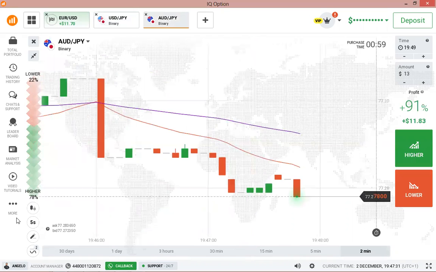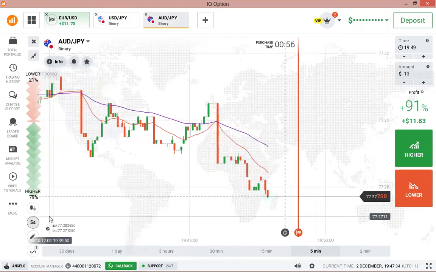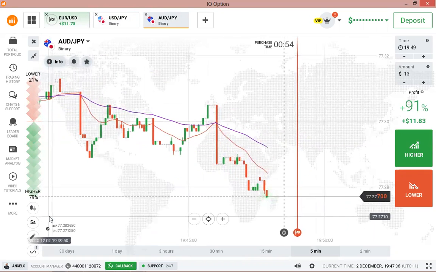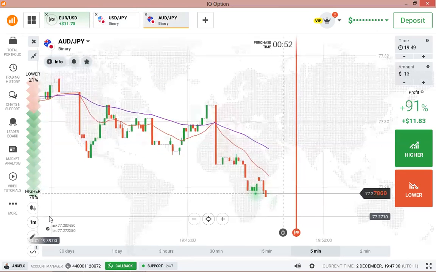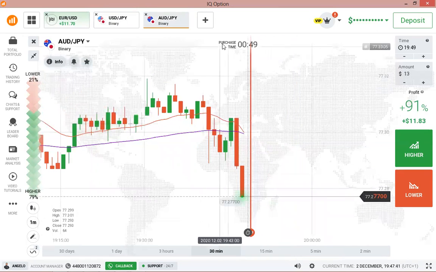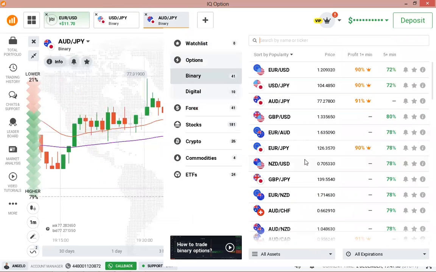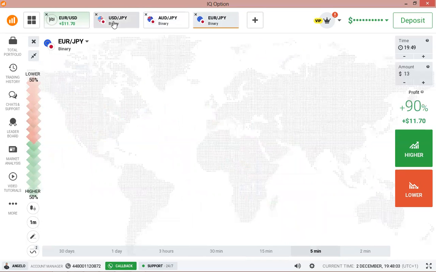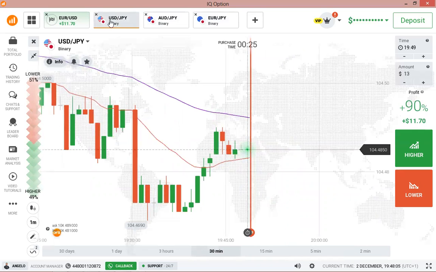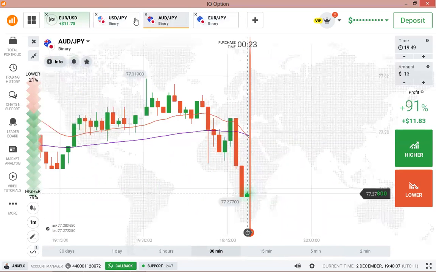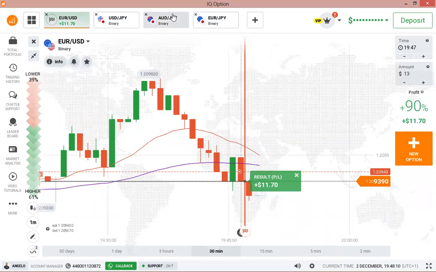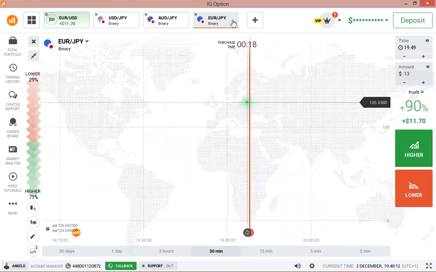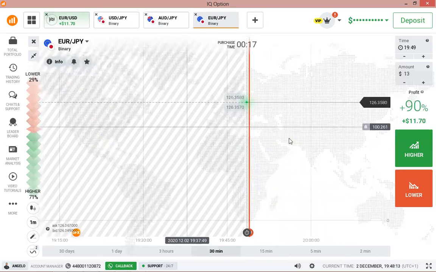I want to enter at the right opportunity at the right time, not force myself to enter the trade. So I said I want to take only 4 trades. I've taken one trade, so the remaining is 3 trades.